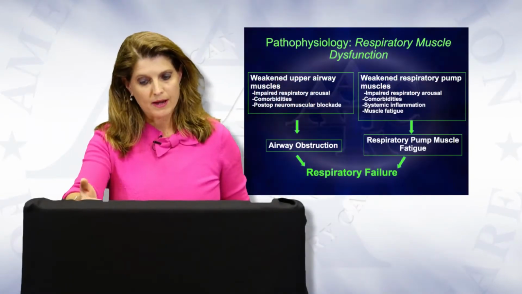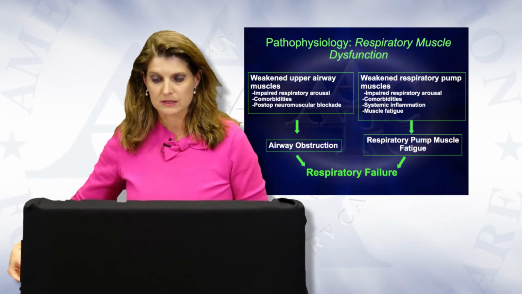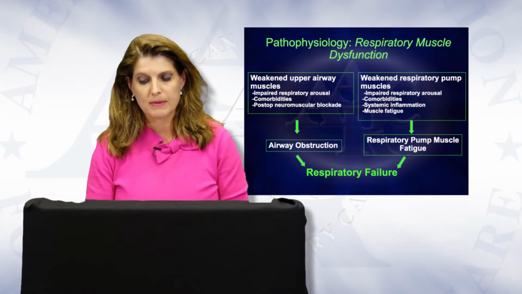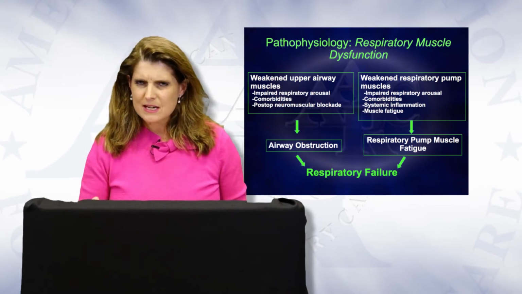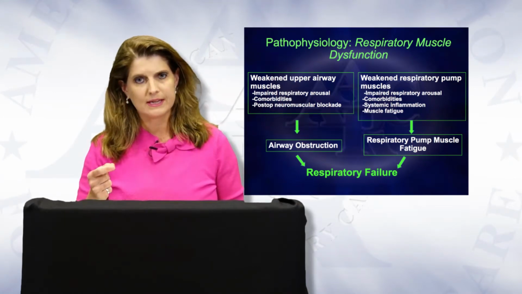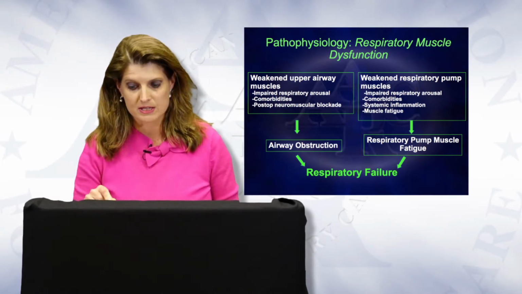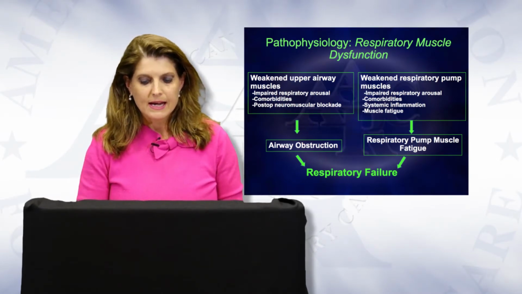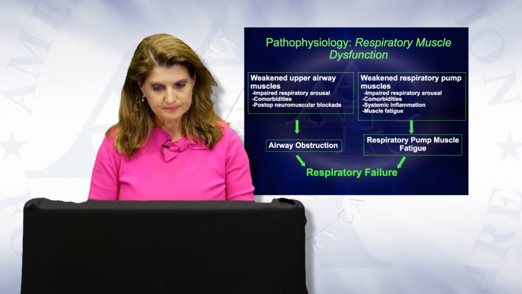The pathway on the right involves weakened respiratory pump muscles, resulting again from impaired respiratory arousal, comorbidities, systemic inflammation, leading to muscle fatigue. This results in respiratory pump muscle fatigue, again ending in respiratory failure unless an intervention is made.